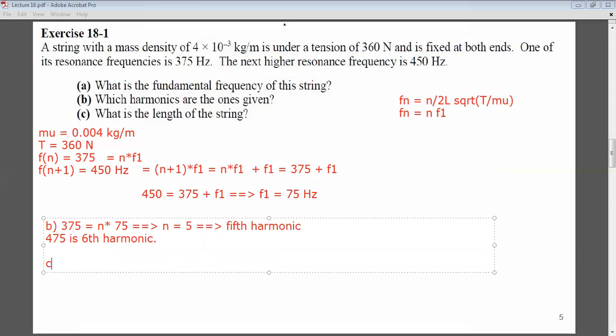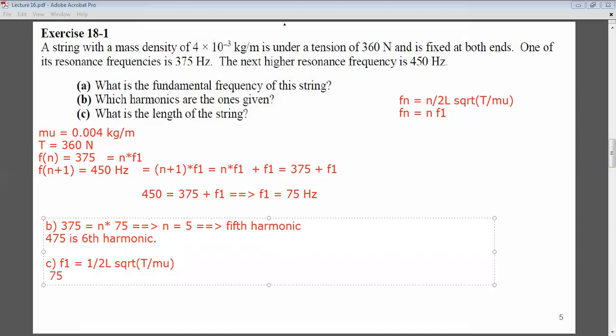Okay, part C, what is the length of the string? I will be applying one of these formulas. I can use F1, F5, F6. The easiest one is to use F1. F1 is 1 over 2L square root of T over mu. I will just put in numbers.